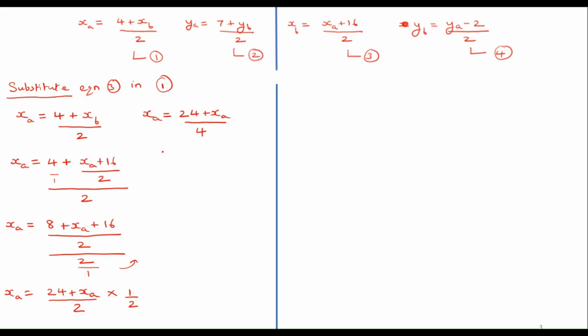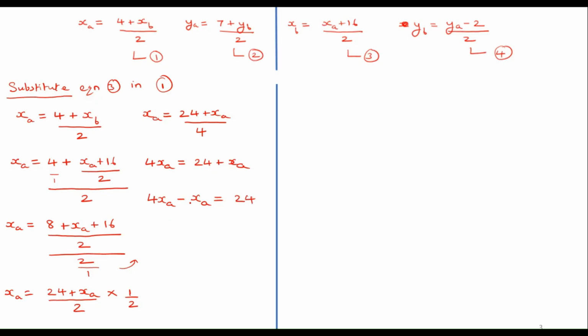Now I will take this 4 to this side. So it will become 4xa is equal to 24 plus xa. Now I will send this xa here, so 4xa, and this will go here and it will become minus xa is equal to 24.